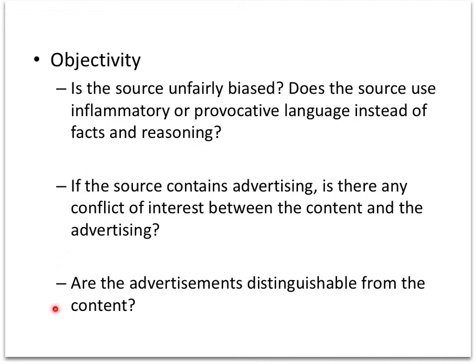And this is popping up more and more commonly, especially with web sources. Are the advertisements distinguishable from the content of the source itself? This problem pops up based on how publishers are compensated by advertisers in terms of web sources. Largely, publishers are paid based on how many users click on the advertisements within their page.